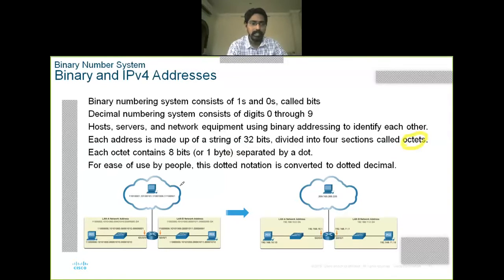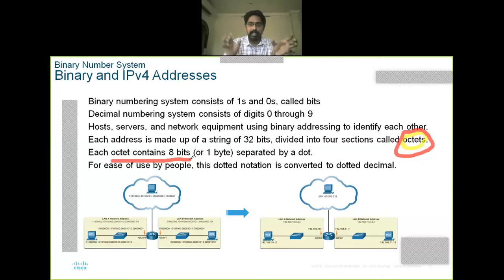An octet contains 8 bits, right? So 8 into 4 equals 32. Each octet contains 8 bits, and those bits may be either 0 or 1.